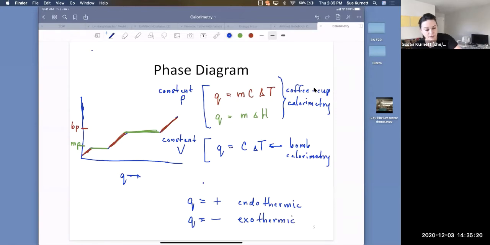Every time we're going to the right here, that's endothermic. Anytime we're going to the left down this diagram, that is exothermic. If it's exothermic during a temperature change, final minus initial will give you a negative number. If we're headed to the left, but we're doing a phase change, we have to put the negative sign in to make it work.